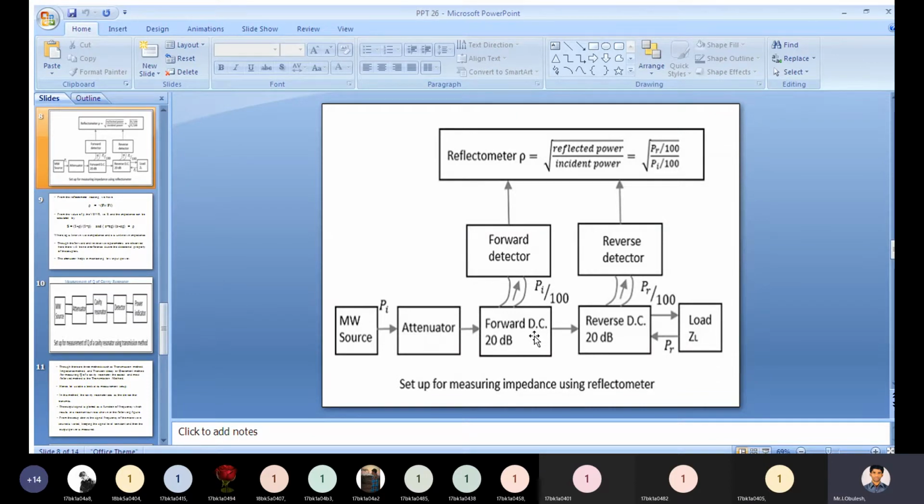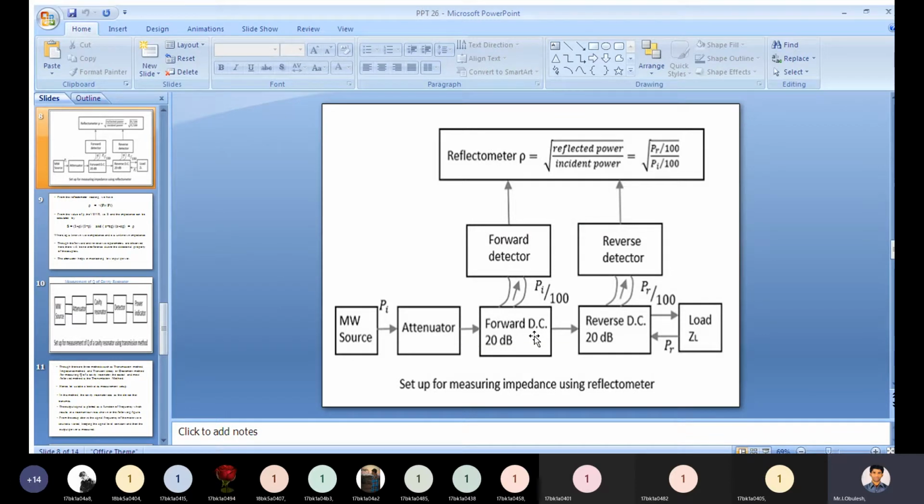Unlike the slotted line, the reflectometer helps to find only the magnitude of impedance and not the phase angle.